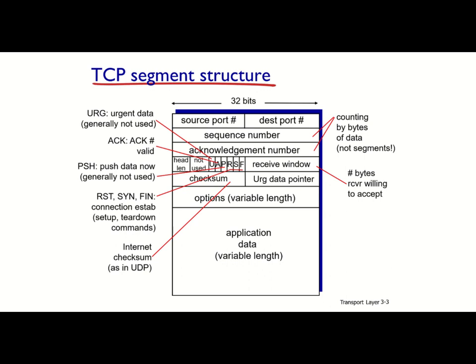We have a receive window size, a checksum for error detection, and some other optional variables that exist in the header of TCP. And obviously we have application data. This part is considered the body of the TCP segment, while this part is the header.